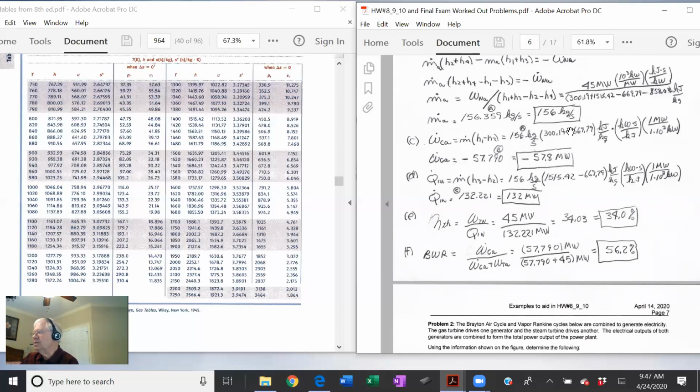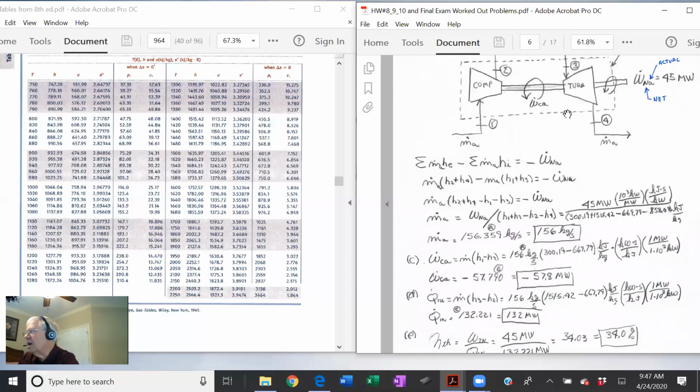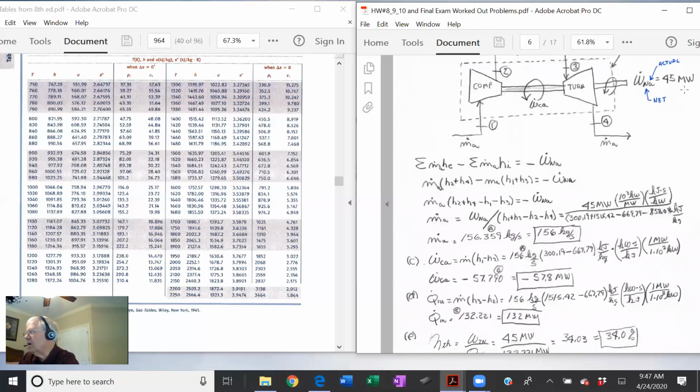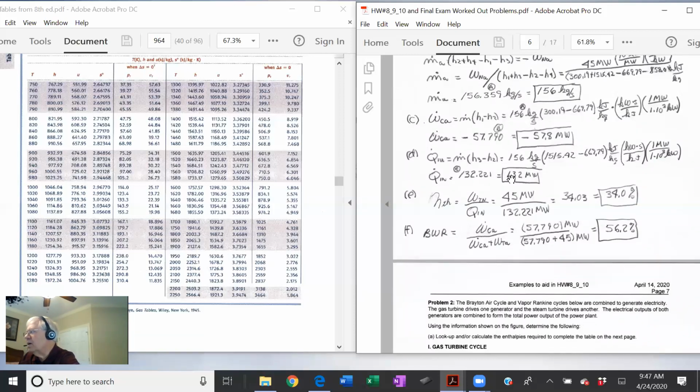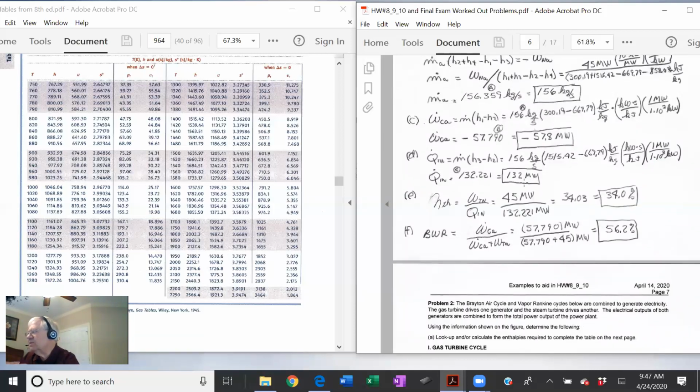But just to look at this, I'm getting 45 megawatts of power out, and I have to put in 132 megawatts of heat. So the thermal efficiency is the net work of the turbine, or that 45 megawatts of net output power, over the amount of heat I have to put in, 34%.